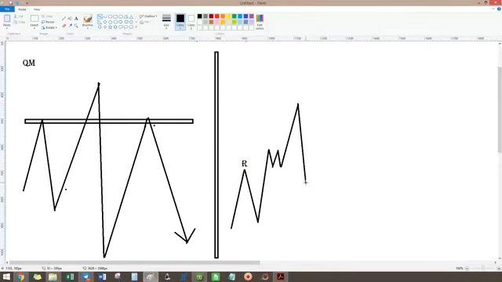Okay, and then it go down like this. It do like this again. Like this again. Like this. And then it retest here. And then you go down. Okay, which one is more simple for you?